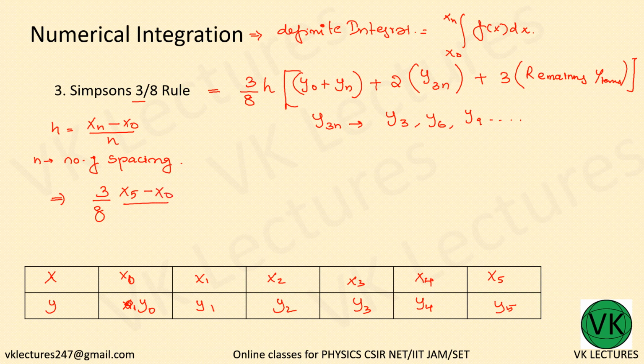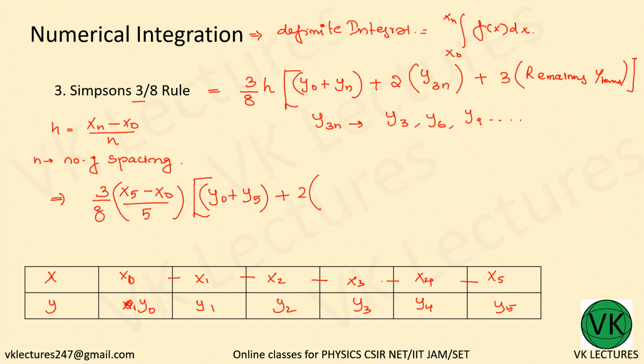Spacing starts from x0, 1 2 3 4 5, so x5 minus x0 by 5, into y0 plus y5 plus 2 times y3n.